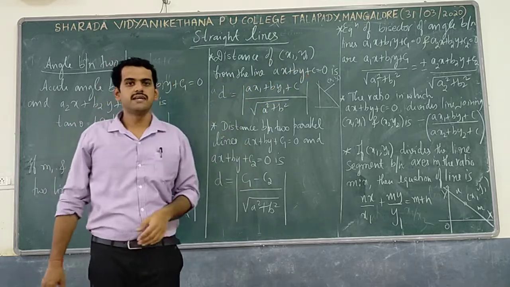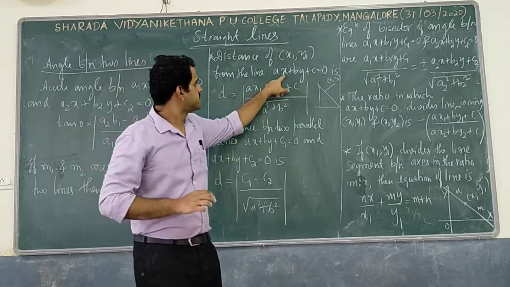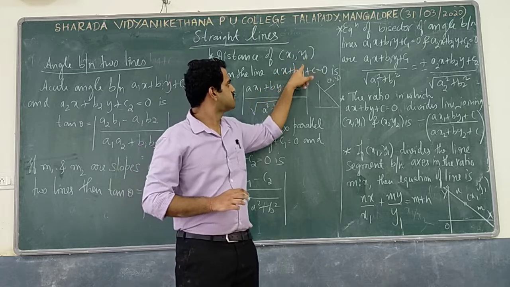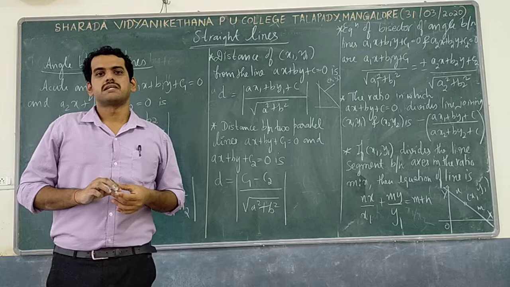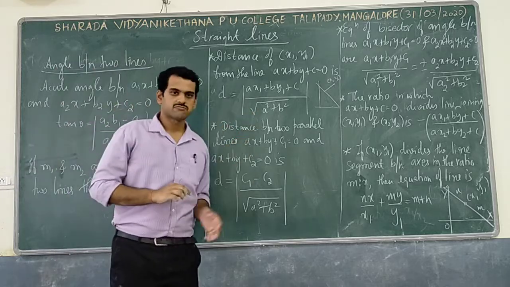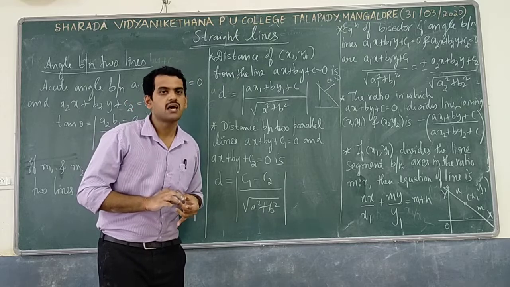It is given by d equal to modulus of a x1 plus b y1 plus c, divided by root of a square plus b square. This gives the distance of a point from the line.